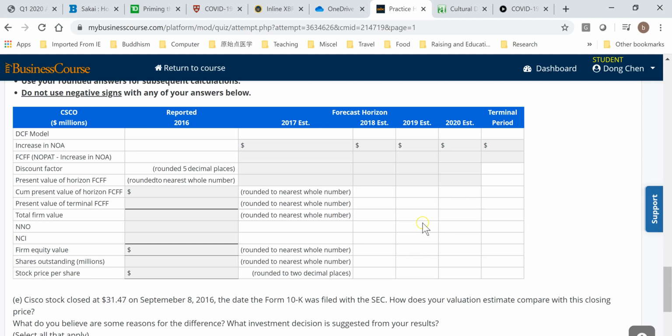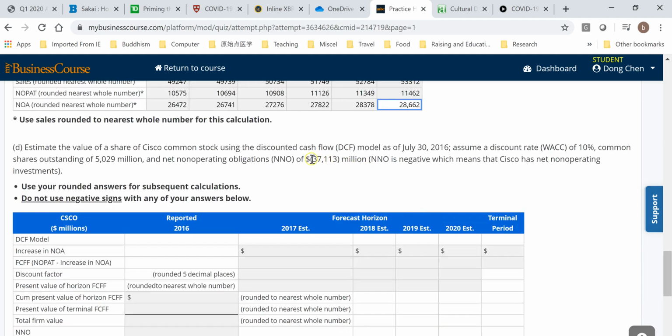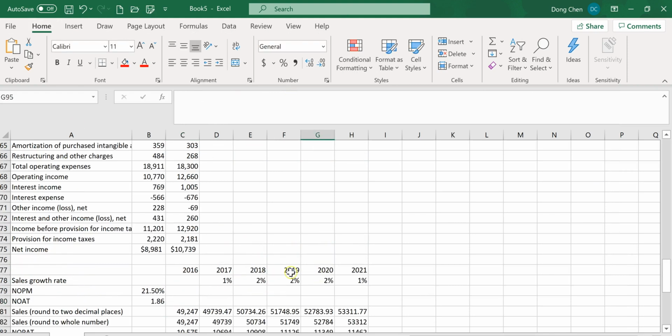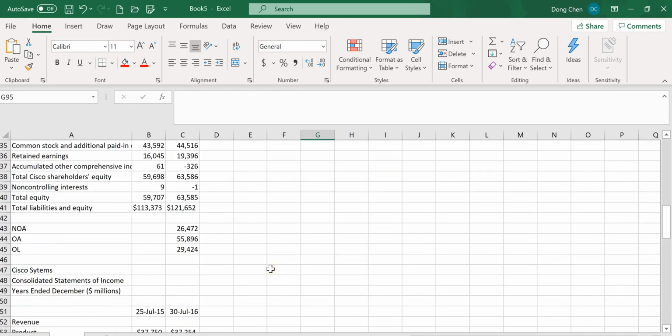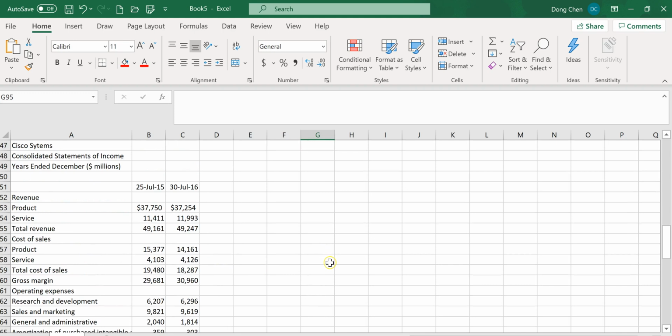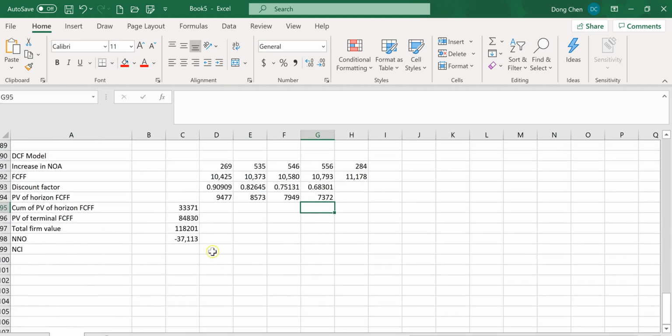NNO is mentioned to be a negative number, so we just copy that negative number here. And NCI, we check the balance sheet. NCI also turns out to be a negative number.